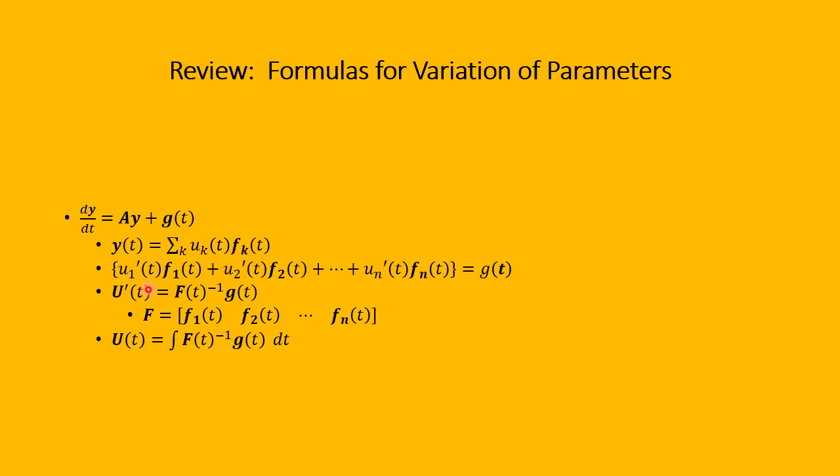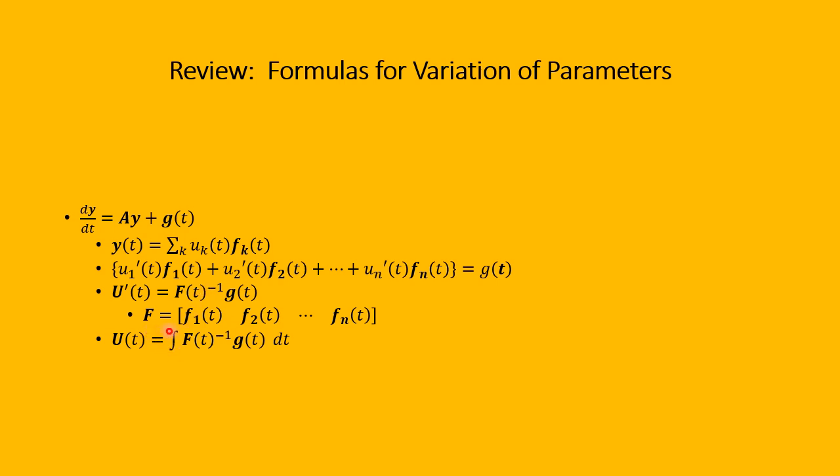And we had that u had to satisfy the following equation: u1 prime f1 plus u2 prime f2 plus all the way through un prime f sub n equals g of t. In other words, we can write this equation as capital U prime of t equals f of t inverse times g of t, because this stuff right here is basically u prime times f, and then we're multiplying both sides on the right by f of t inverse.